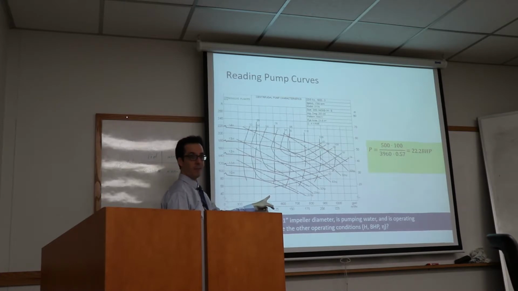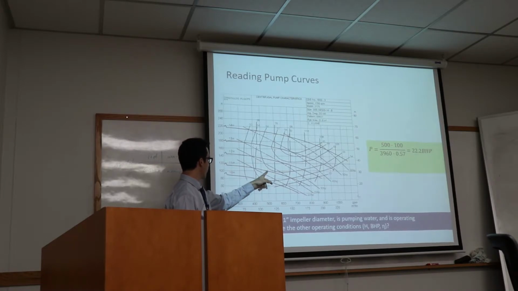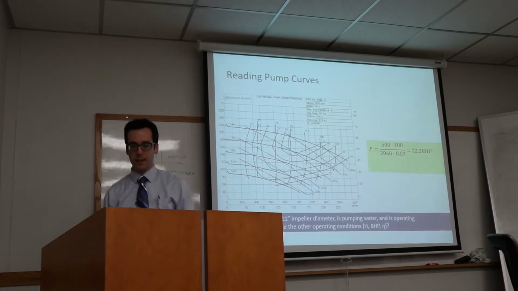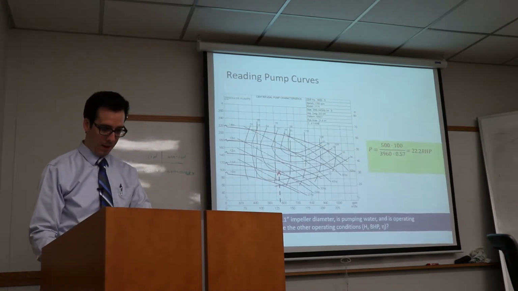When in doubt, read vertical, up or down on the graph. Read up until I get to the 11-inch impeller, which is right there. And it's pumping. So then at this point, we need to figure out what the other conditions are. Let me step through this.